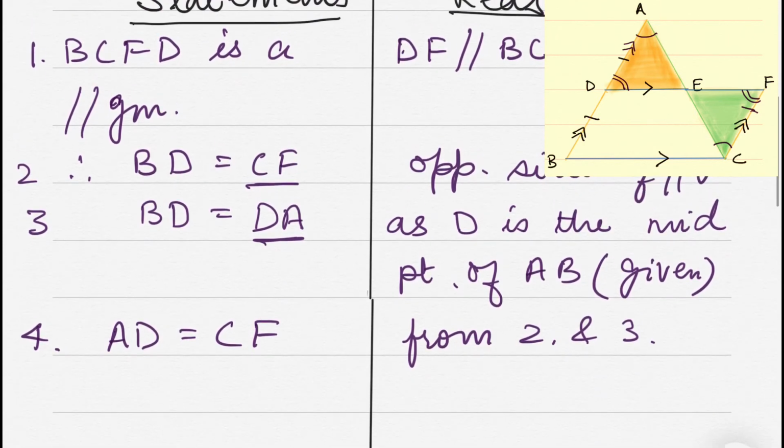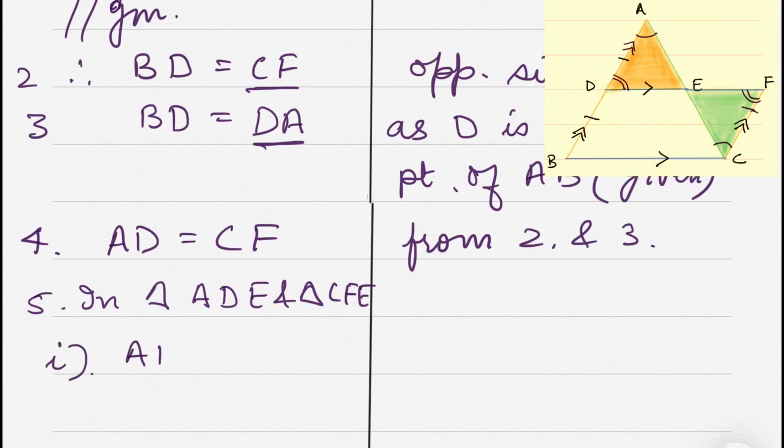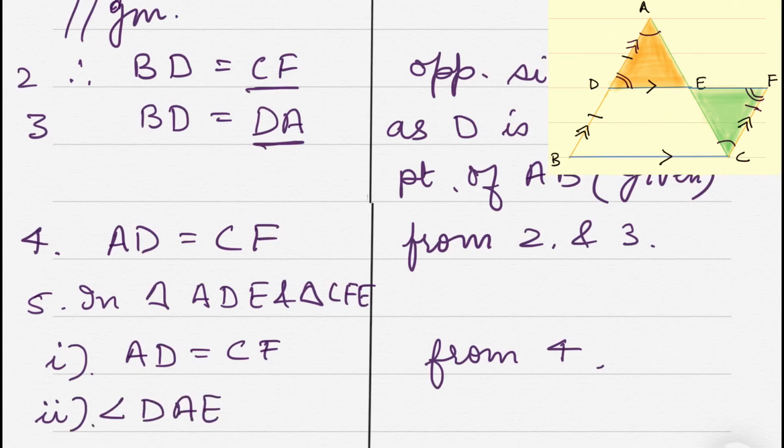Now we'll take the triangles. So now in triangles ADE and triangle CFE. Okay, so in these triangles I can say that AD is equal to CF. We have set it in our fourth point, and second point angle DAE is equal to angle ECF.